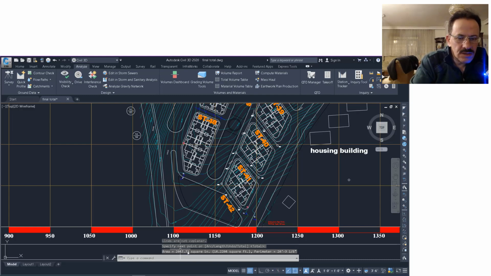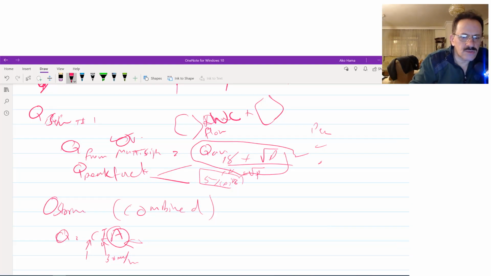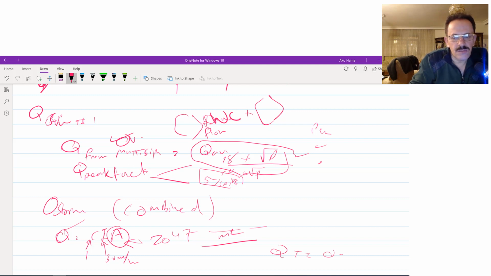By the way, the units here are in meters, so forget about this inch. It's 2047.73, so it's about 2047 point something. This is square meters, and this will be the Q, and then the total Q is equal to Q plus the storm plus the Q of the wet.